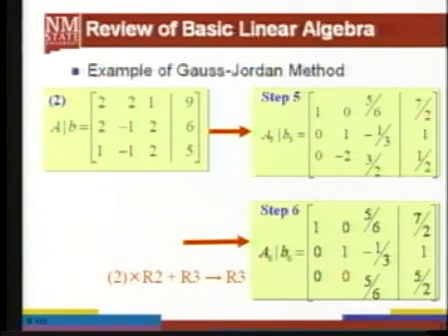And then observe that our transformation of column number 2 did not change column number 1, right? To complete the Gauss-Jordan procedure, we must transform the third column of A6 matrix into 0, 0, 1, okay?